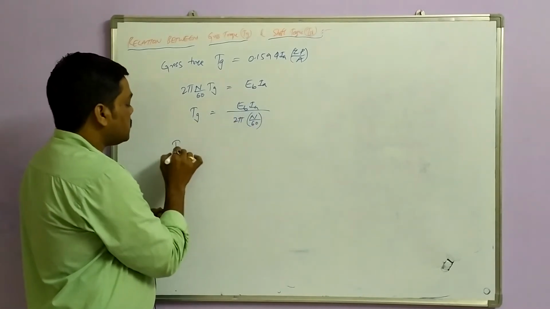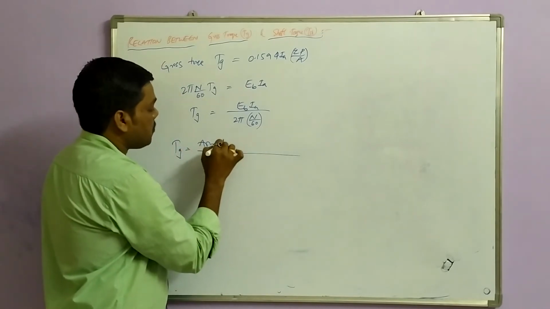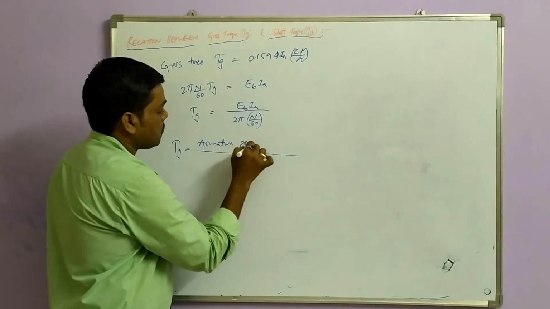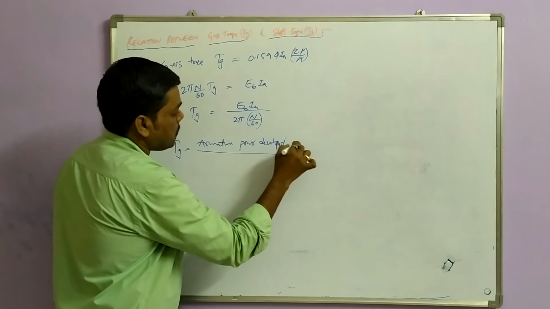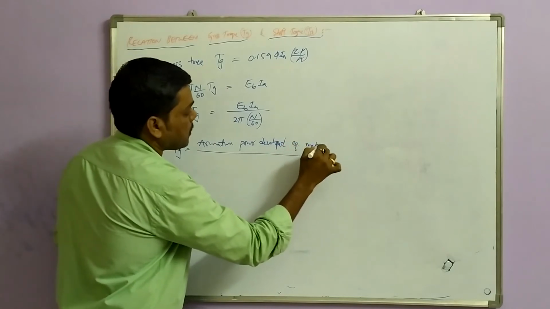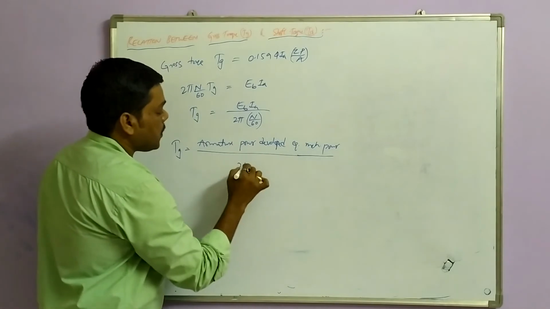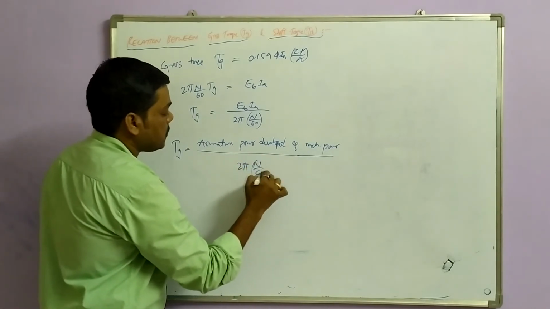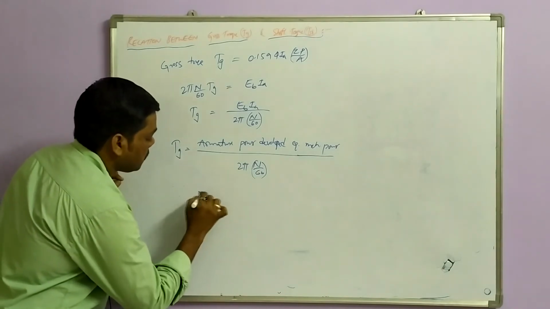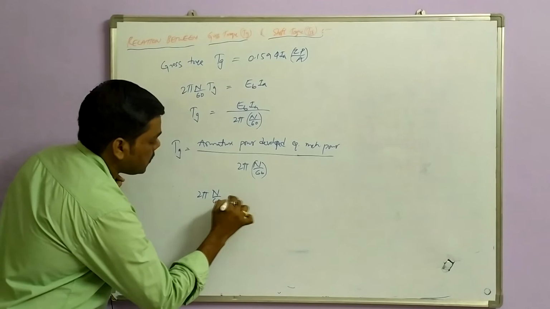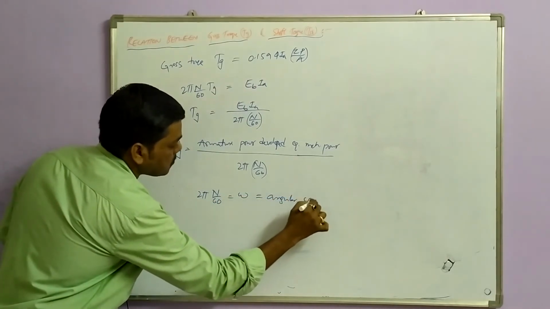So Tg is nothing but armature power developed equivalent to mechanical power divided by 2 pi N by 60, and 2 pi N by 60 can also be written as omega, which is nothing but angular speed.